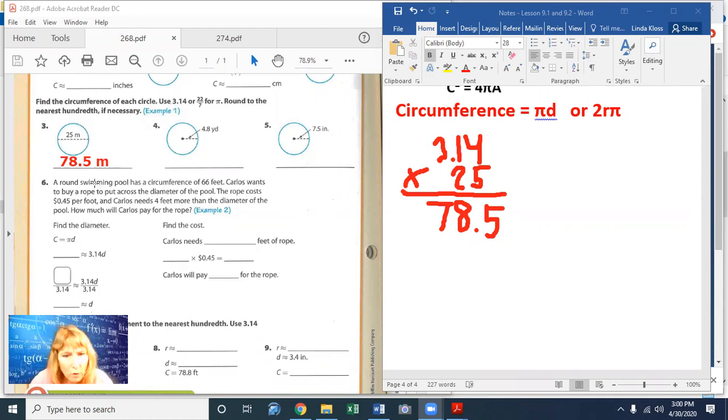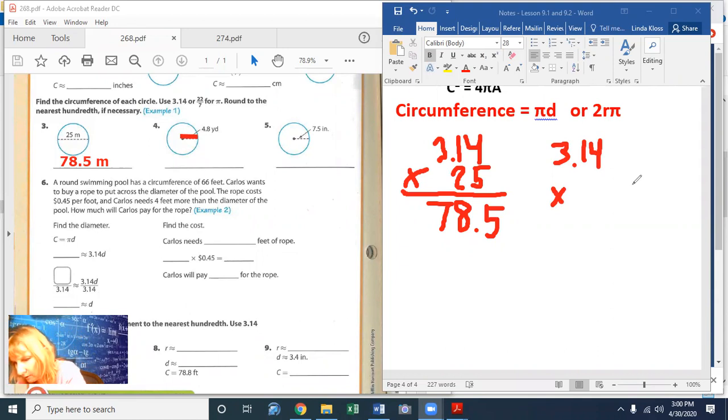Number 4 is 4.8 yards, and that is a radius that's given to us. So with a radius, we want to use the second formula, 2 r pi. So let's multiply, and I'm going to use the 3.14 number. 3.14 times 2 times 4.8, right?